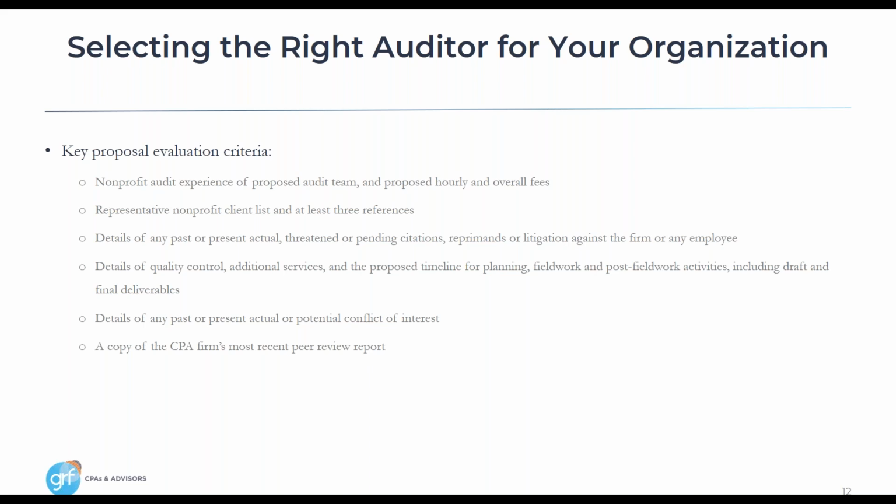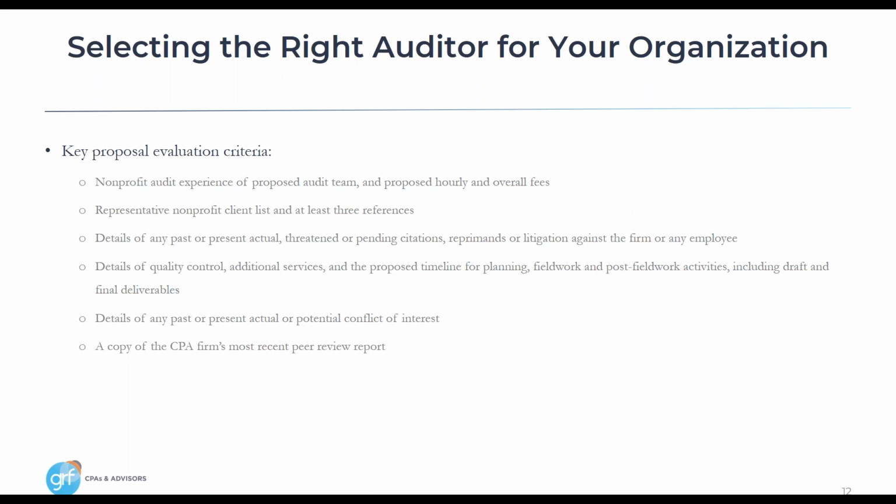Now, in addition to looking at the firm's overall experience, you also want to make sure that the individual team members that are being proposed to work on your audit engagement also have the experience that is required. So it may be that the firm has the experience as a whole, but the individual team members may not have the correct experience of working on entities of a similar size and nature to your organization.